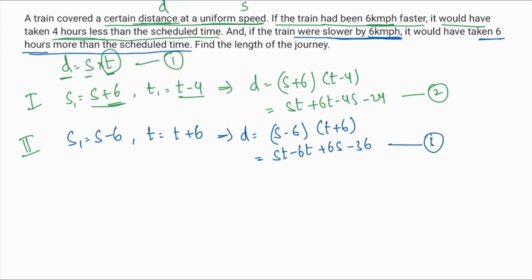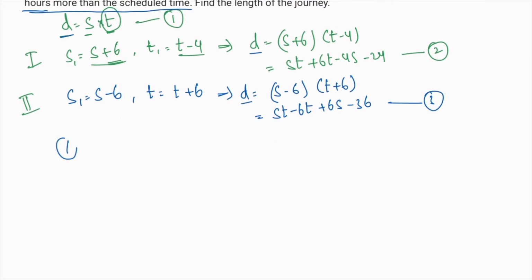See, the distance is same in all the three cases. Now we will equate the first equation to second equation. Distance is same. So here we will take ST is equal to ST plus 6T minus 4S minus 24. We have equated first equation and second equation. So ST and ST gets cancelled.